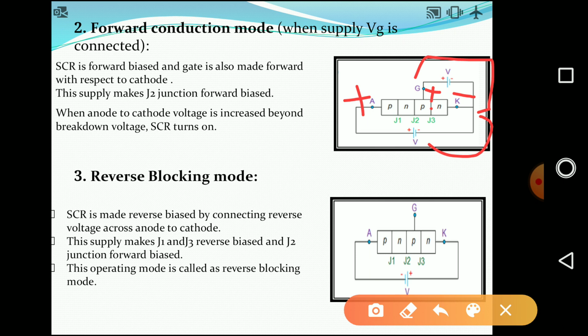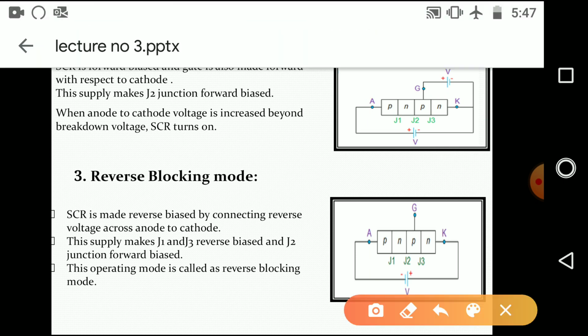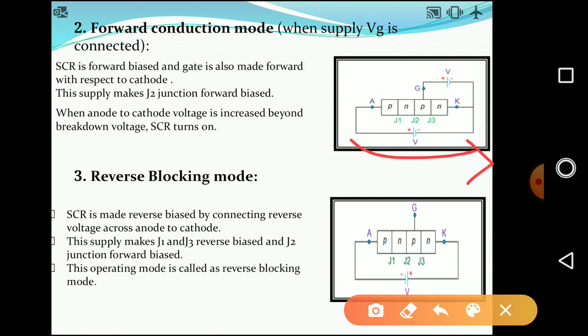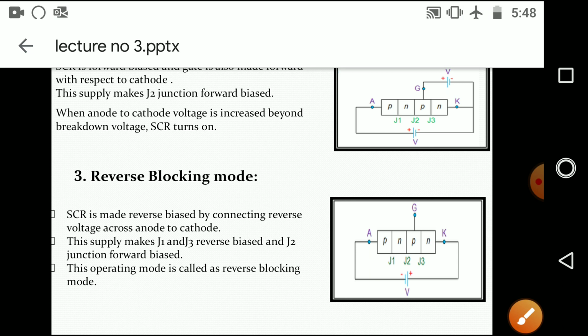This supply makes J2 forward biased, and the depletion layer at J2 breaks down and the SCR turns on. As the SCR turns on, current from anode to cathode flows easily. So that indicates that the SCR turns on, and this operating mode is called forward conduction mode.